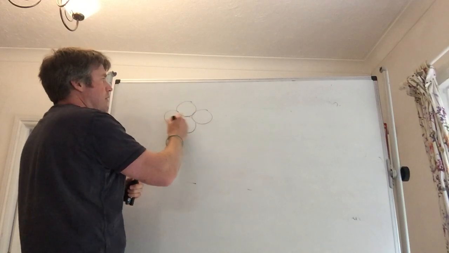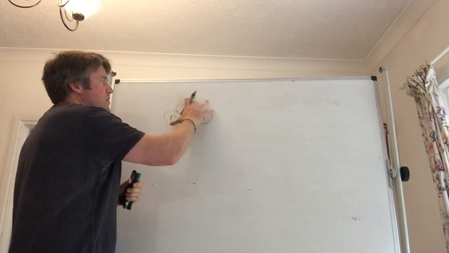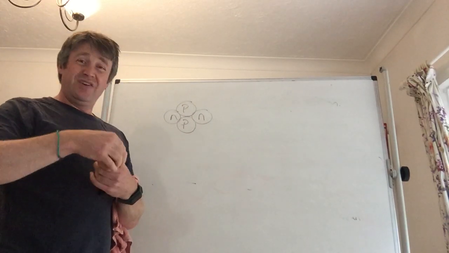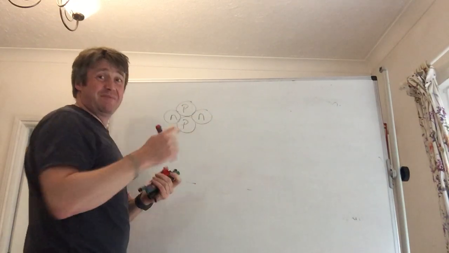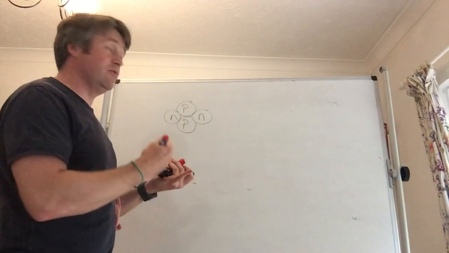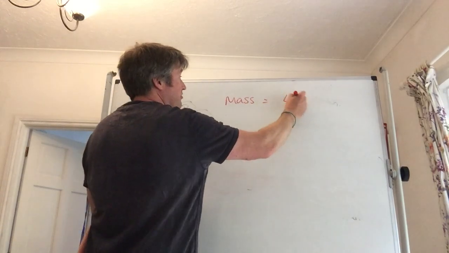And we want to draw what it looks like. Well, it doesn't really look like this, but for all intents and purposes for us at the moment, it's 2 protons and 2 neutrons. A proton has a mass of 1 and a neutron has a mass of 1, because we learned that before. So it has a mass of 4.